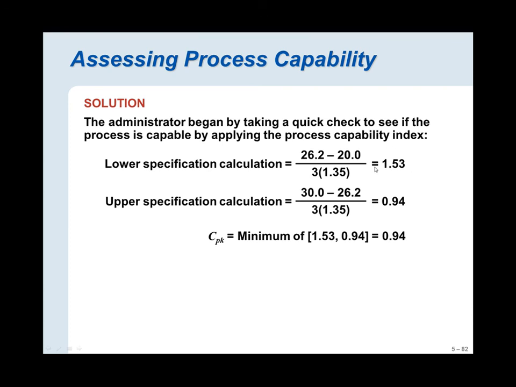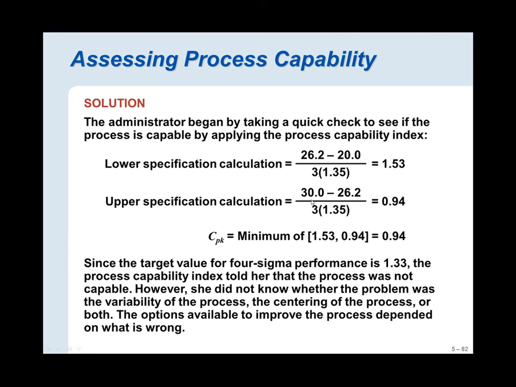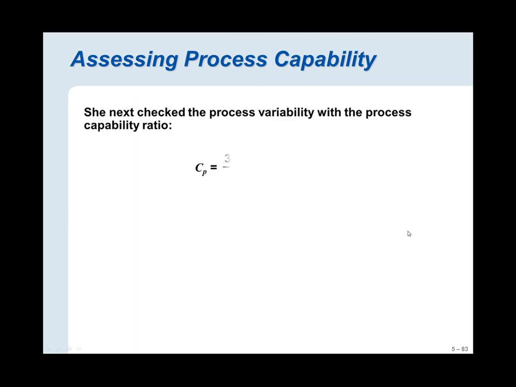Okay, you can see that for both CPK values you find 1.53 and 0.94. We take the minimum one, 0.94. 0.94 is lower than 1.33. I think I told you 1.67, that is not right. Okay, the CV for the 4 sigma standard is 1.33, meaning that the process is not centered, it's not capable of meeting the standard. The CP is used to assess process variability.